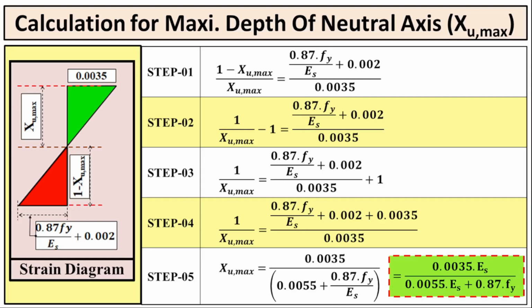As highlighted in the green box with the red dotted outline, xu max is equal to 0.0035 times Es, divided by 0.0055 times Es, plus 0.87 times Fy. Next, we will discuss the calculation for total compressive force, Cu max.